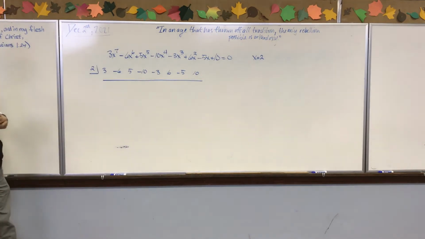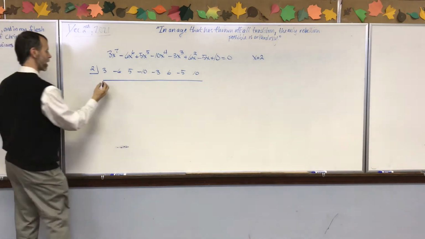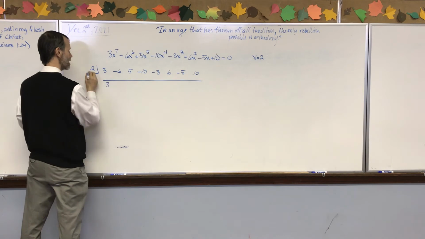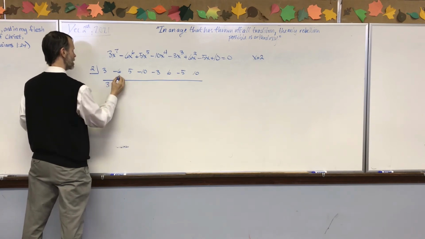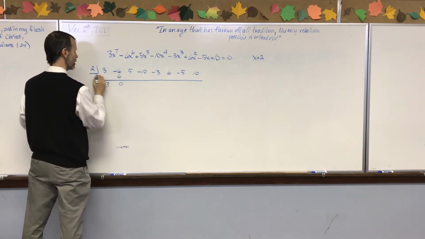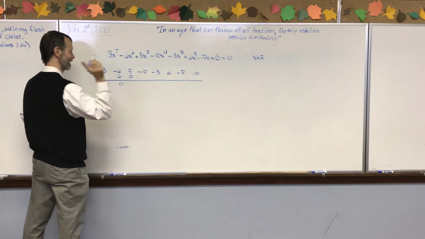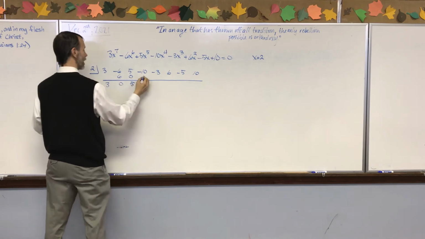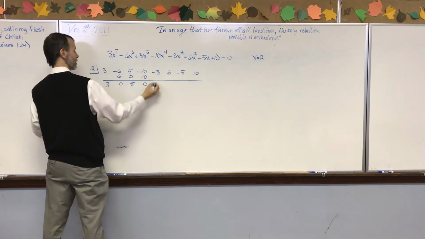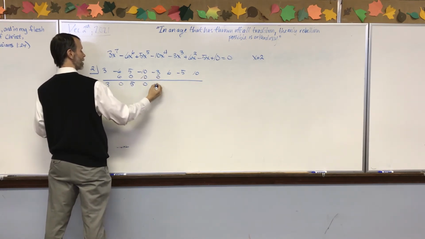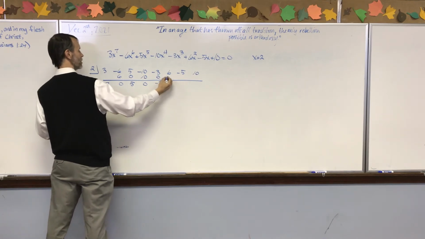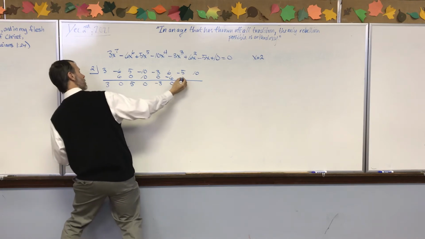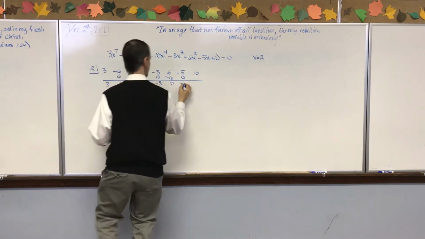Austin, take over. So 0 and 3, and then I'm multiplying that by 2, so it's 6, and 0, 0 and 5, I need people paying attention here. 5, keep going. And then 10, and 0, and then 0, and then negative 3, then negative 6, and then 0, and then 0 and negative 10.